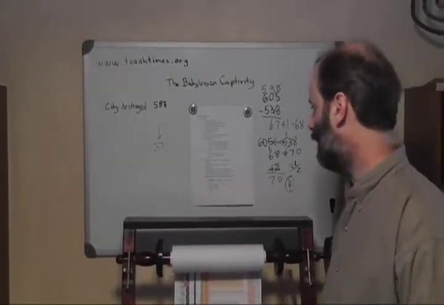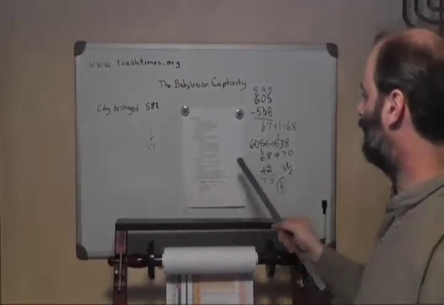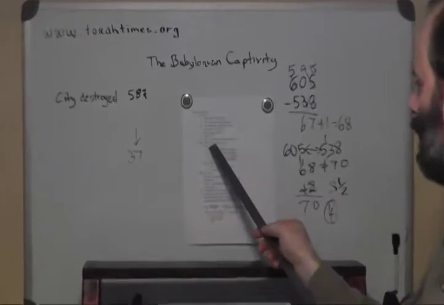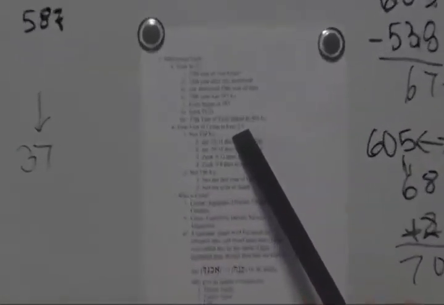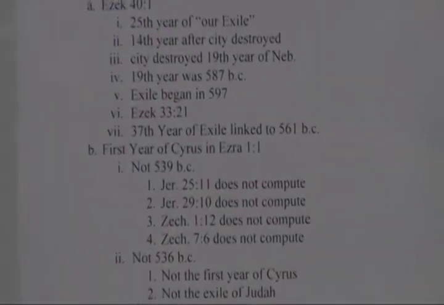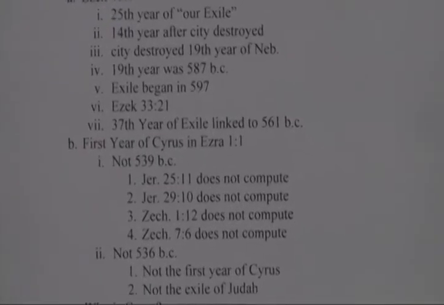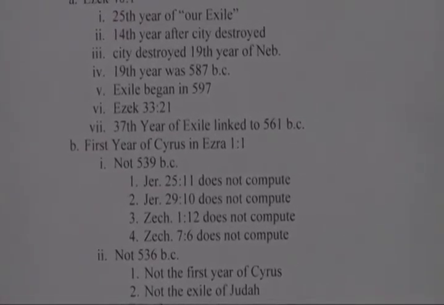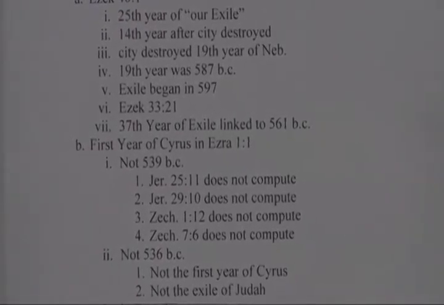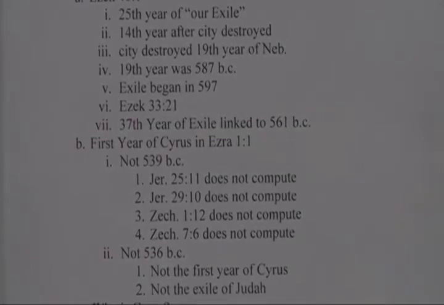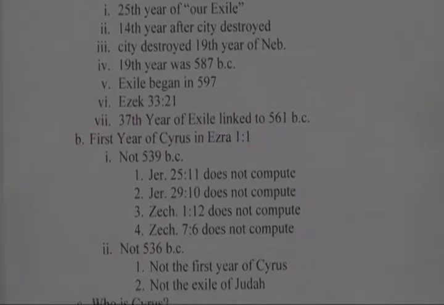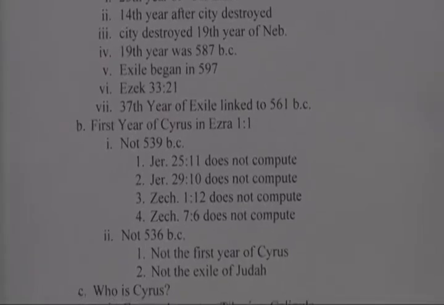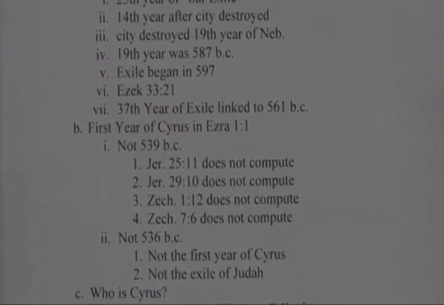So we need to understand how the first year of Cyrus in Ezra 1:1 is not Cyrus the Great in 539. In order to understand that, we have to go over the issue of a throne name. A throne name is like a dynastic name.